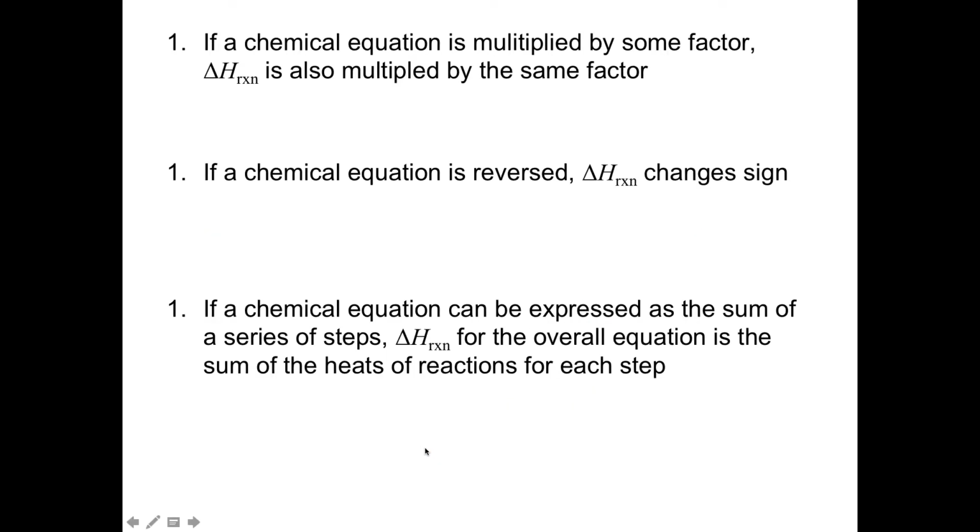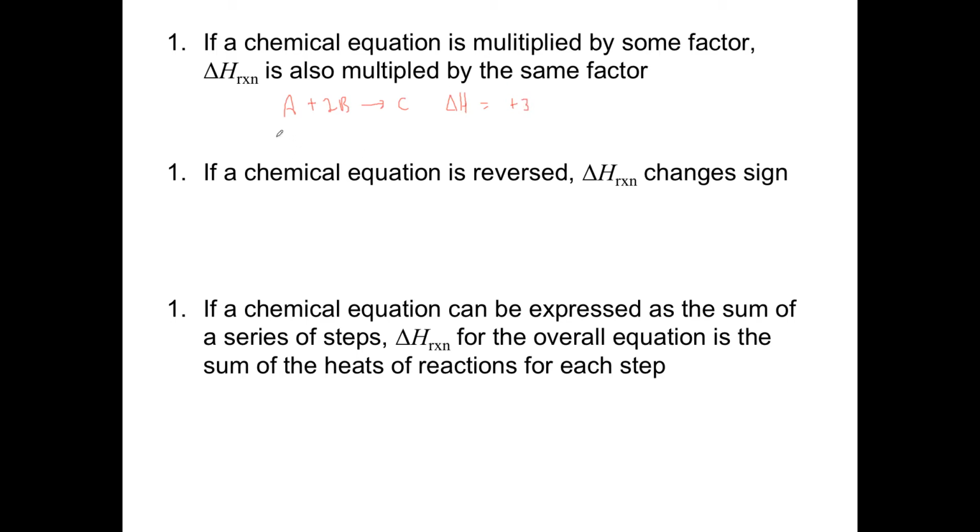First of all, if a chemical equation is multiplied by some factor, then the change in enthalpy of the reaction is also multiplied by the same factor, okay? So let's do an example here in red. All right, so A plus 2B produces C on the previous slide. Well, if the change in enthalpy for that reaction is, what did we say in the previous slide? 3?